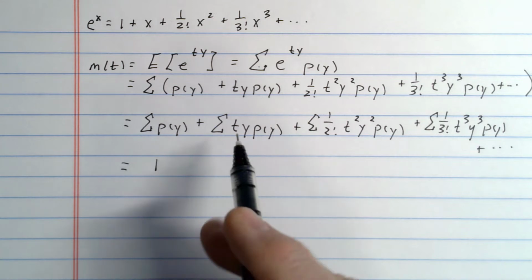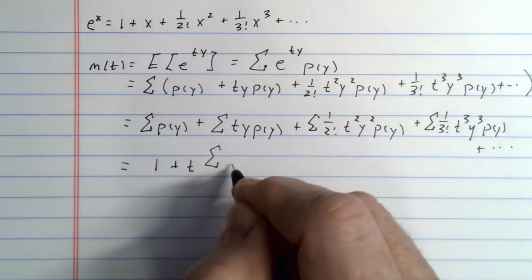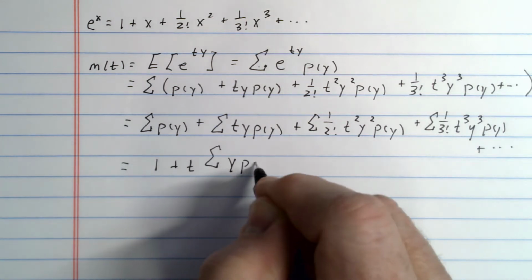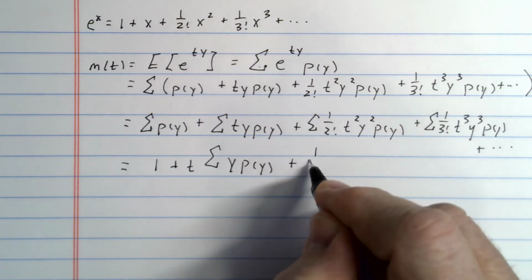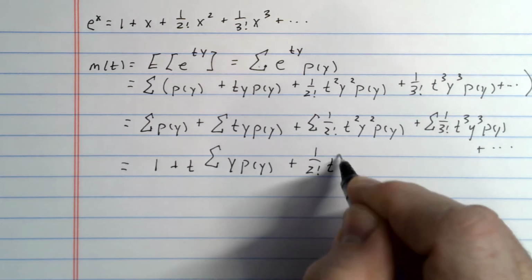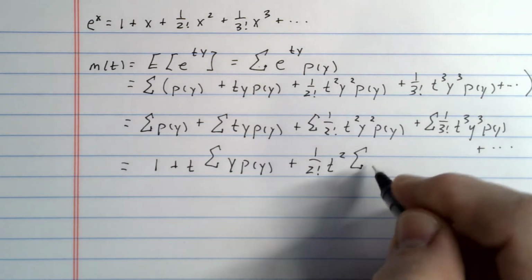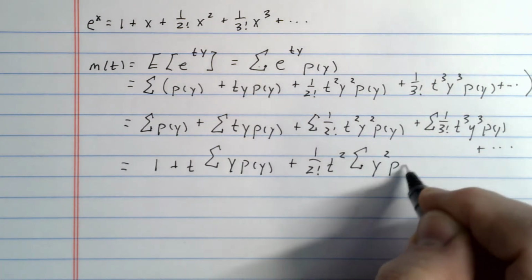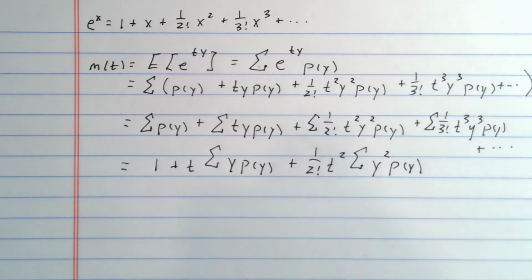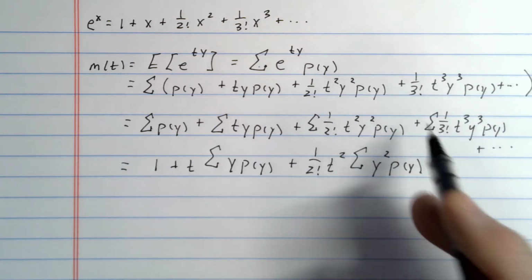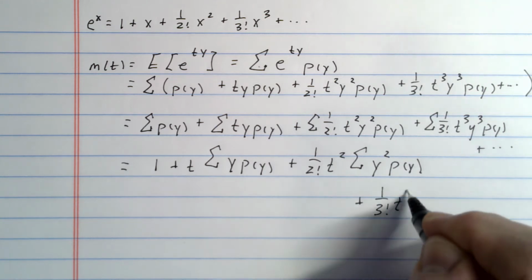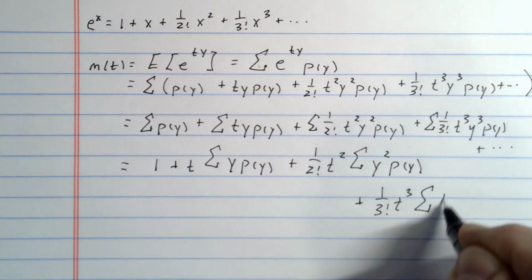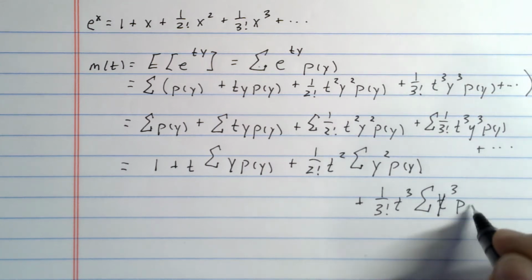Now here, let's just factor out a t. So we get t times the summation of y times p of y. We can bring out a 1 over 2 factorial, t squared, and then this would be the summation of y squared p of y. Over here we could factor out a 1 over 3 factorial, t cubed, and then we have the summation of y cubed p of y.